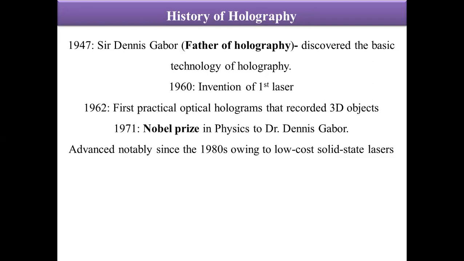In 1960, with the invention of the first laser, holography advanced, and the first practical optical hologram that records a three-dimensional object was obtained in 1962. In 1971, Dr. Gabor was awarded the Nobel Prize in Physics for his invention of the holography technique.